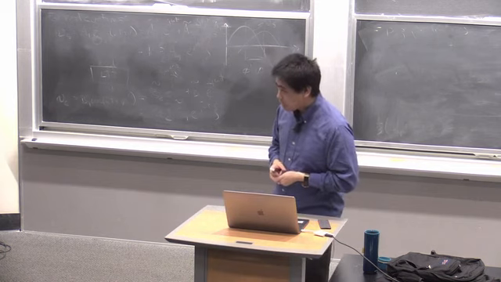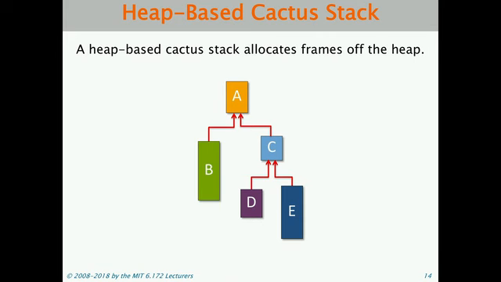So instead of allocating the frames on the stack, you just do a heap allocation for each of these stack frames. And then each of these stack frames has a pointer to the parent stack frame. So whenever you do a function call, you're going to do a memory allocation from the heap to get a new stack frame.